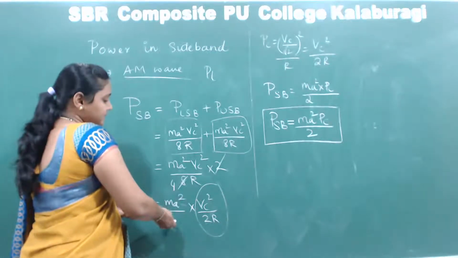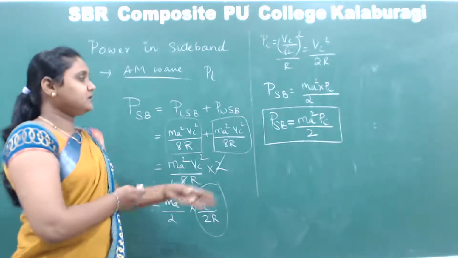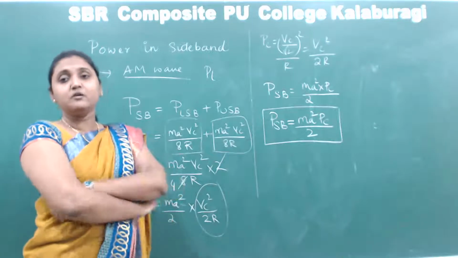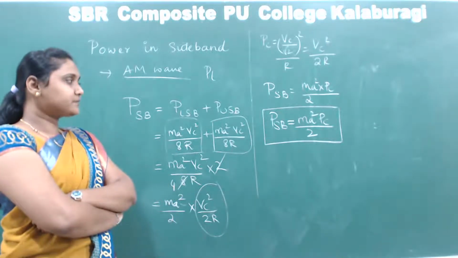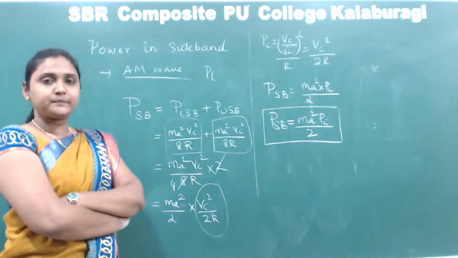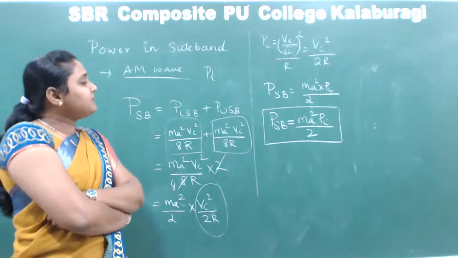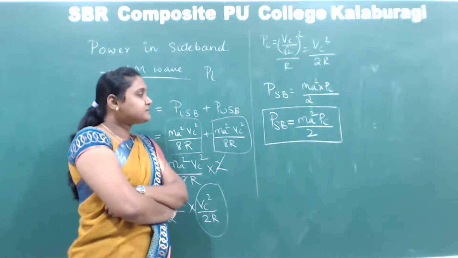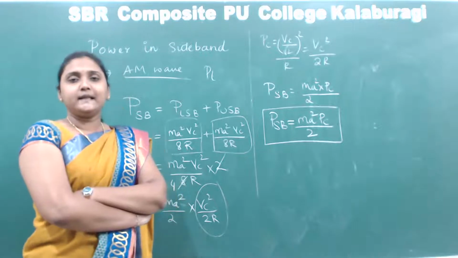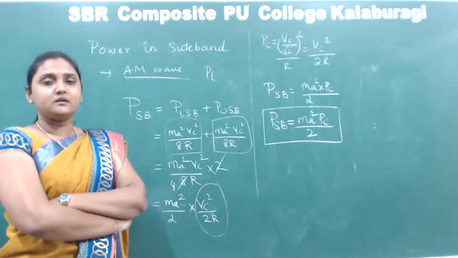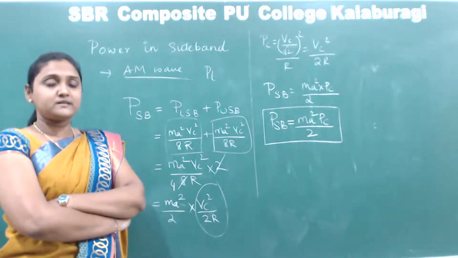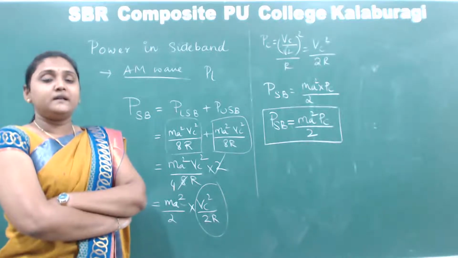So MA square divided by 2 into PC will be the final expression for power in sidebands. If you remember this expression, you can use it in the calculations.